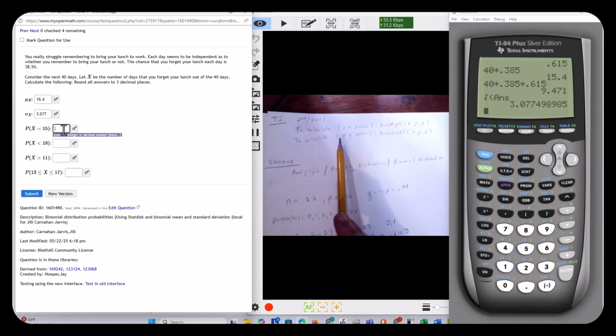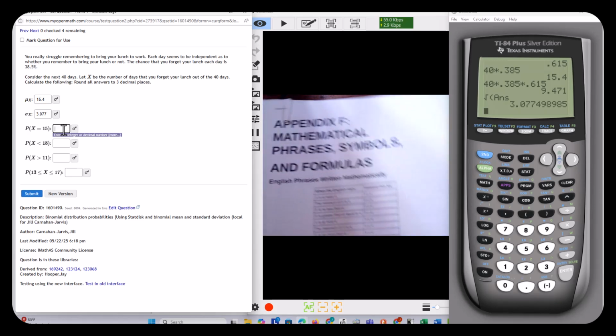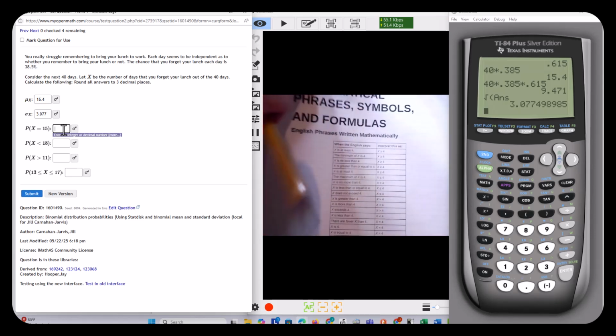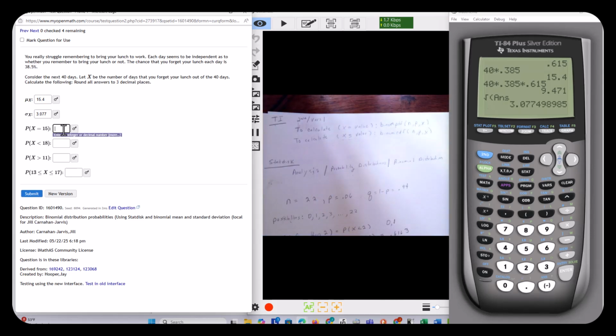The CDF is for less than or equal to. And you have to make sure that you actually go back to the wording and change from what English says to write it mathematically. Review that. Statdisk kind of helps us along with that with a greater than, so I think I'm going to do Statdisk on the rest of these.